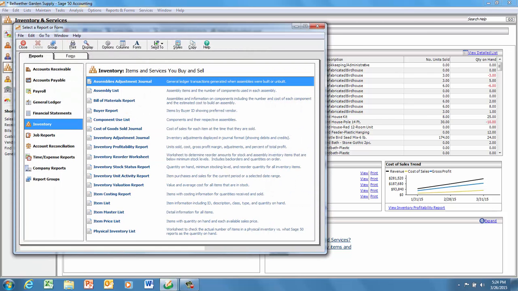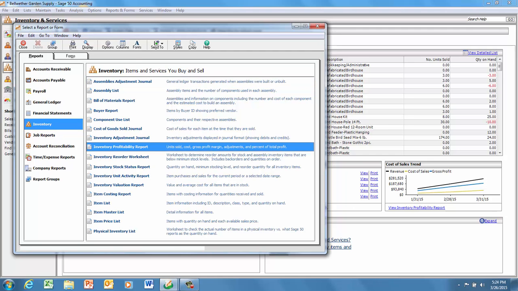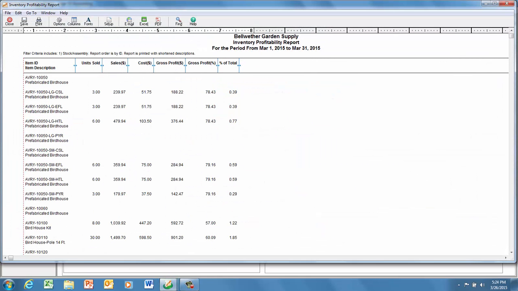The reports button, one of the major reports that we like to use for Accounting 240 is this inventory profitability report. It shows each item, how many items we sold during this period, how much the sales are, how much it cost us, and therefore how much the gross profit is.